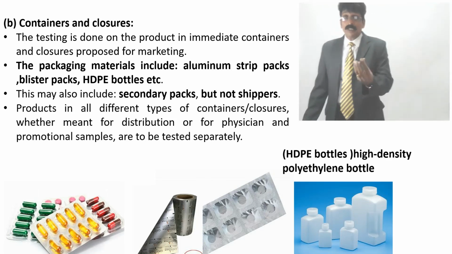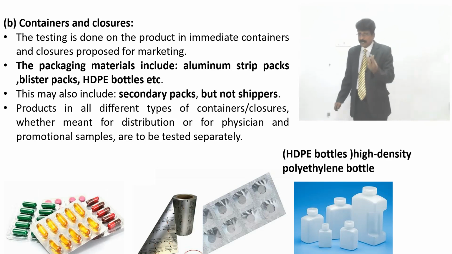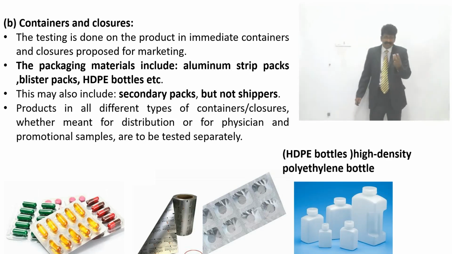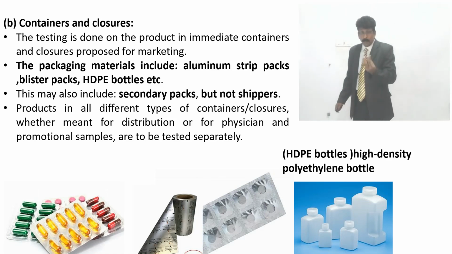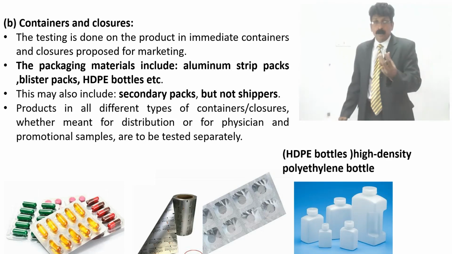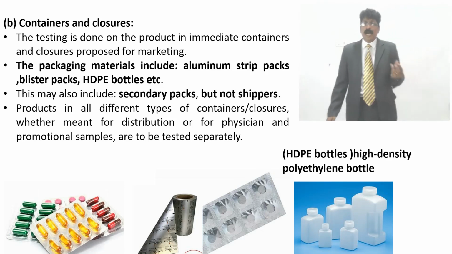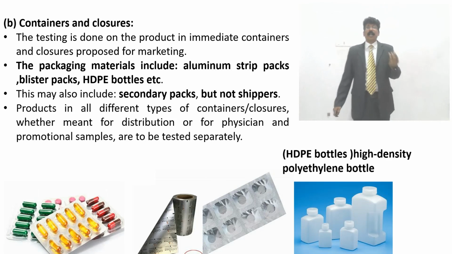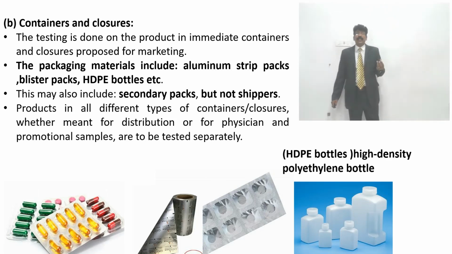Thickness of the bottle, quality of the bottle, and whether the bottle is made of proper borosilicate glass, what is the silica quality. All these things will be analyzed in the container closures quality control department. That is what we are discussing now for stability.